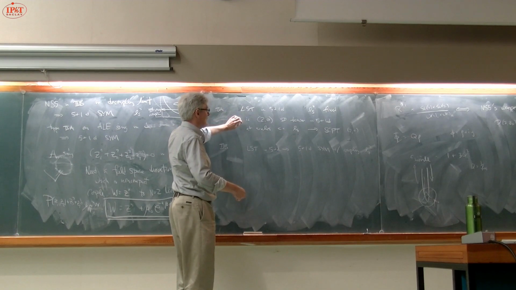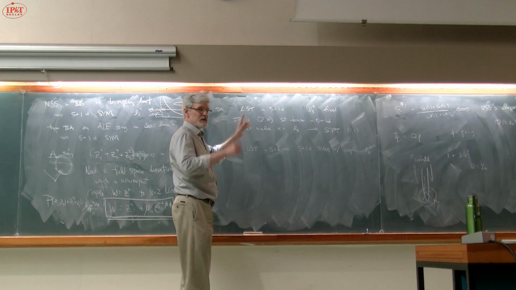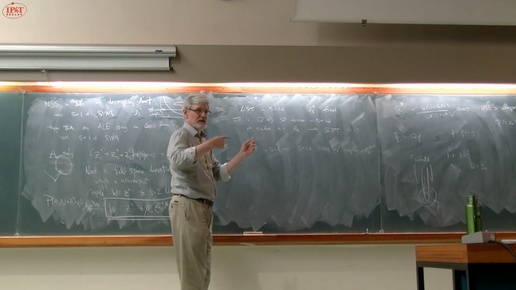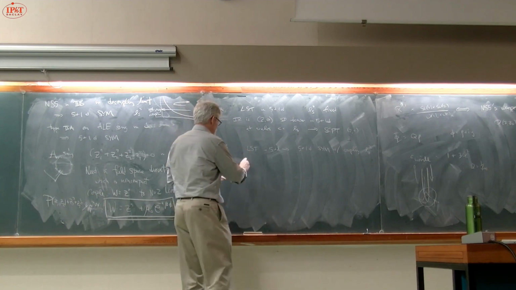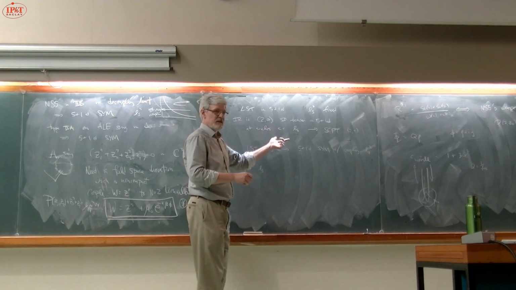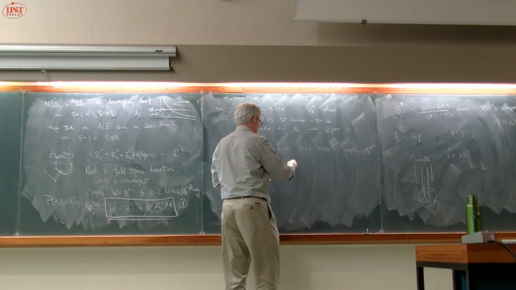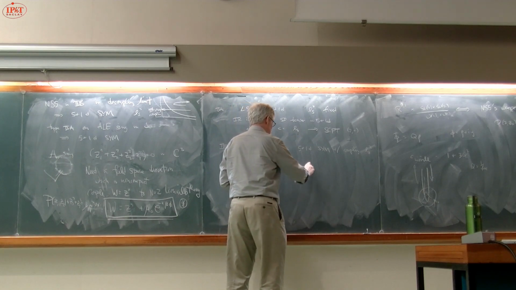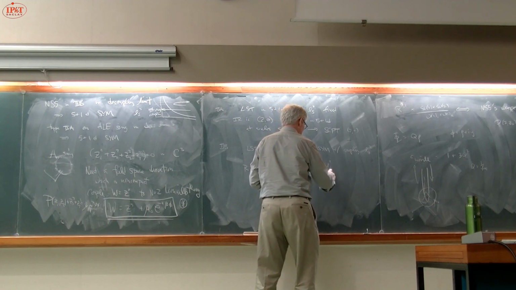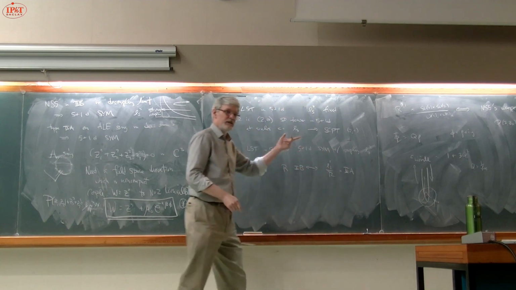In playing this game where you've kept the scale L string around, then I'm really talking about something else. Because when you compactify this theory, there are now two scales. There's the scale L string, and there's the radius of the compactification. Once I have both of those scales, R and L string, and I know that this theory has T-duality, then I'm saying that the theory on the circle of radius R in 2B is the same thing as the theory on the circle of radius L string squared over R in 2A, which is the standard T-duality relation.